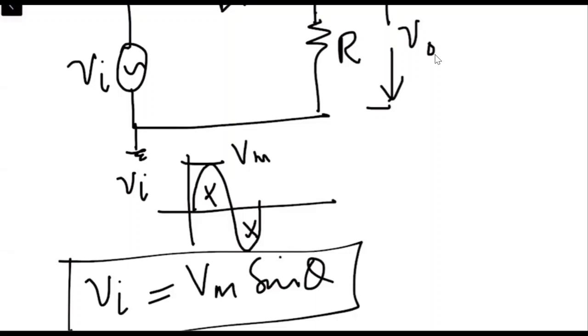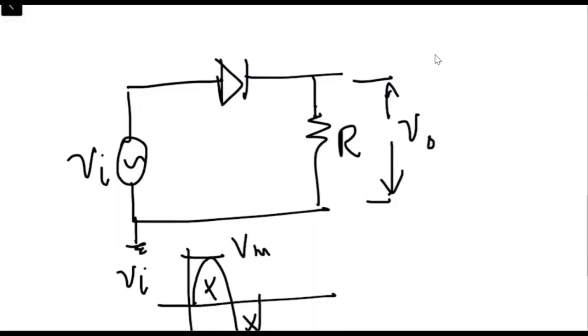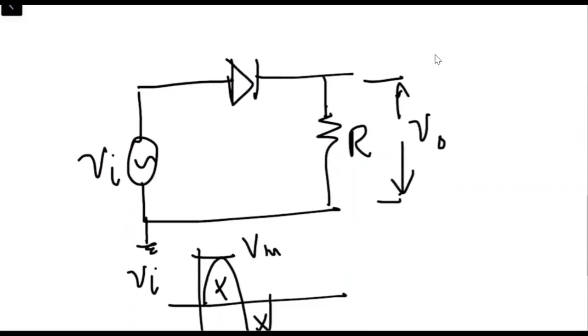Now, once the AC source is applied over here, in the start we have the positive cycle. The positive cycle indicates that this side of the source is positive and this side is negative, right? And we consider the diode as an ideal diode.